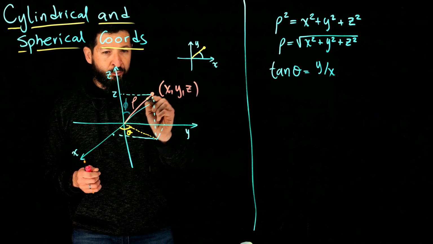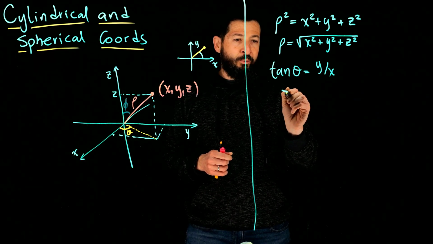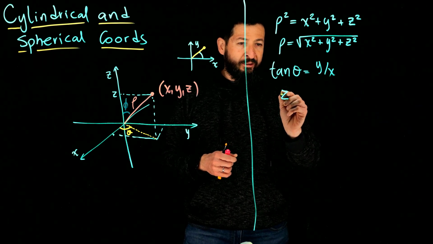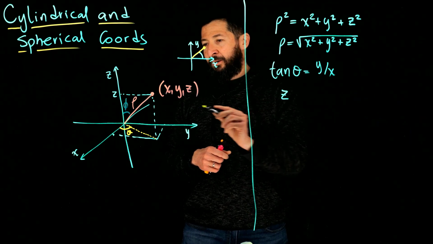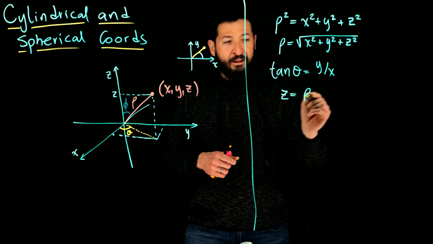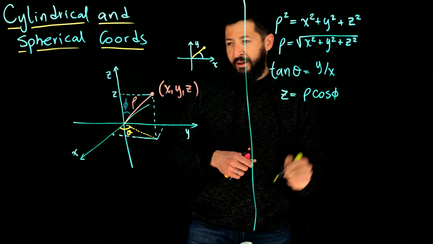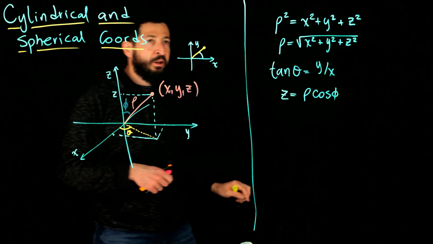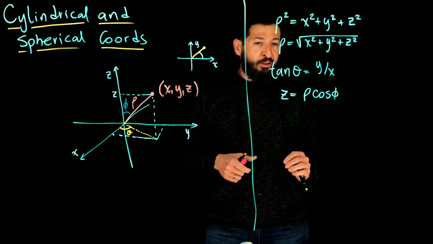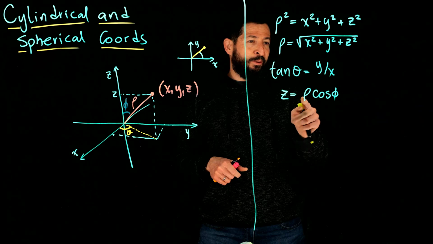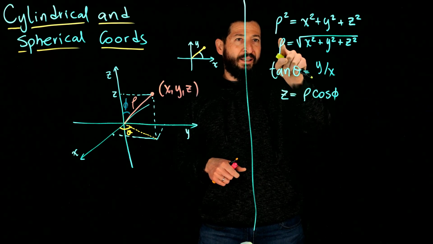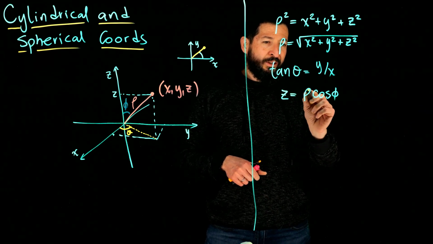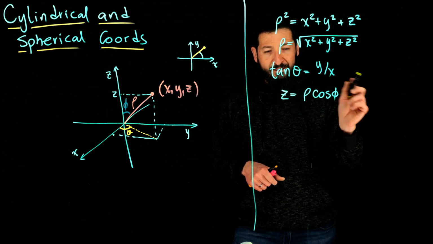If you look at this triangle right here, z is going to be equal to rho times the cosine of the angle phi, because z is the adjacent side to that angle there. I should have written it like rho cosine of phi is equal to z.